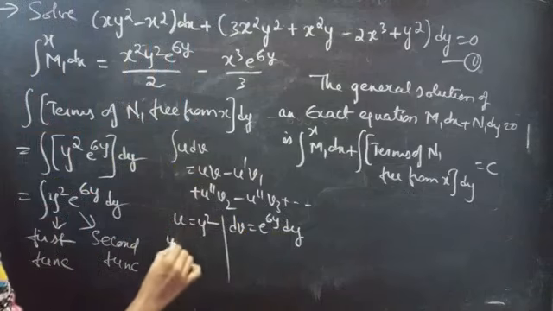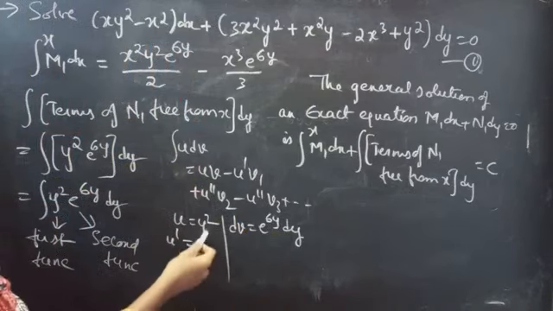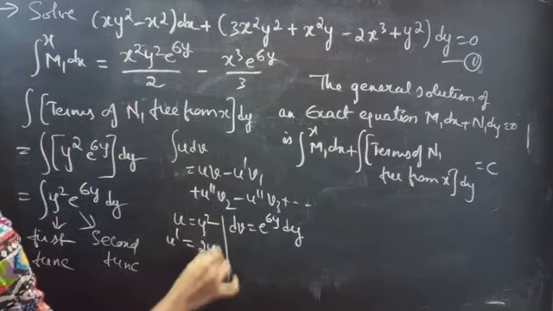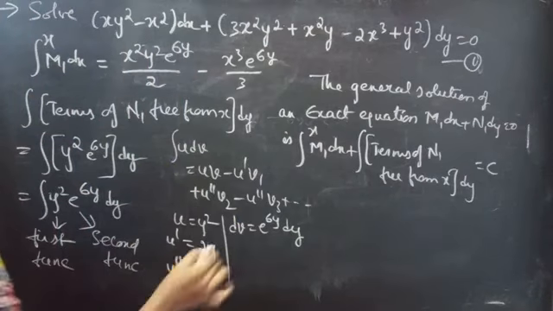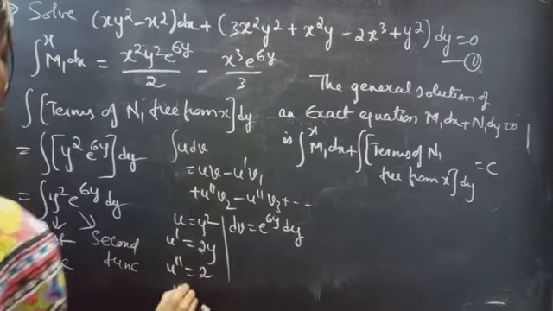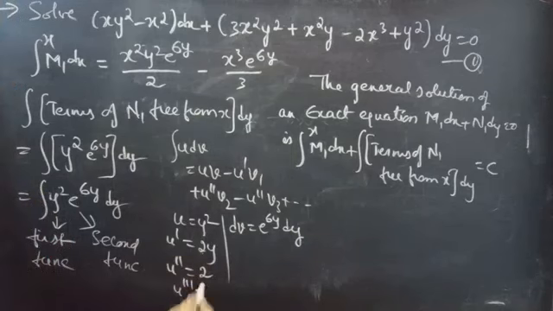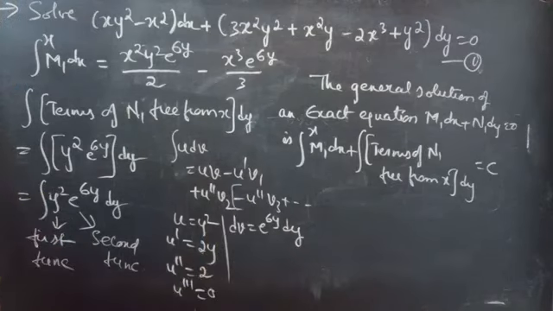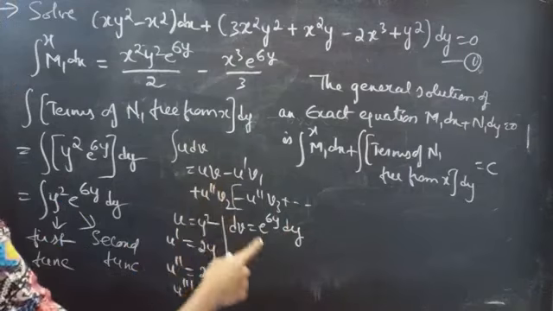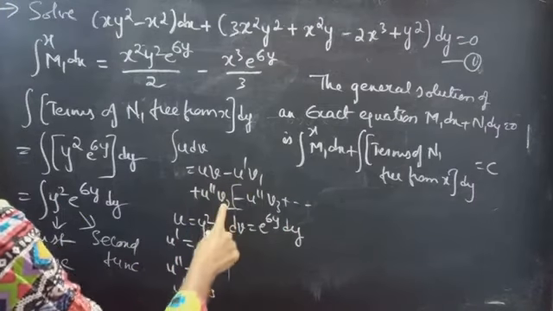Firstly find u dash. The derivative of y square with respect to y is 2y. U double dash, the derivative of 2y, is 2. And u triple dash, the derivative of a constant with respect to y, is 0, so the terms from here will be neglected. So we'll have only 3 terms. You need to find v, v1 and v2.